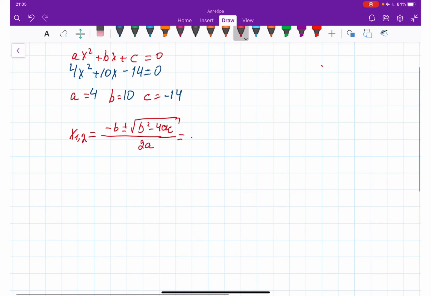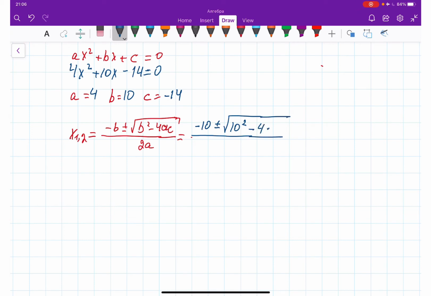So this is equal, negative b is going to be negative 10 plus minus square root of 10 squared minus 4 times a, which is 4, and c, it's going to be negative 14, and divided by 2 times 4.